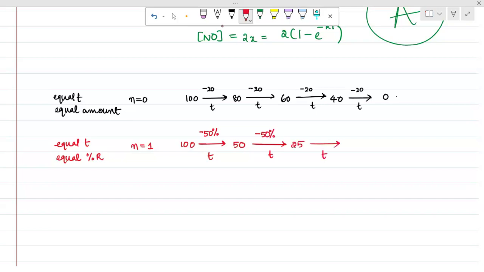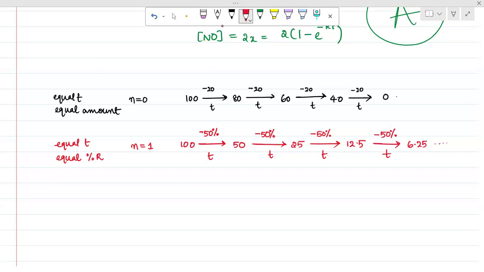Now in the next t interval, again, 50% is reduced, not the amount. Please understand the difference. It's not the amount, it's the percentage. So 50% of 25 is 12.5. 12.5 will be reduced and what is remaining? 12.5. Again, 50% reduced, 6.25, etc. And it goes on.